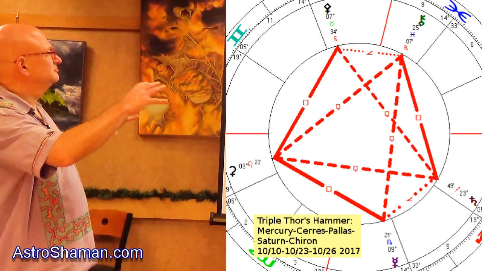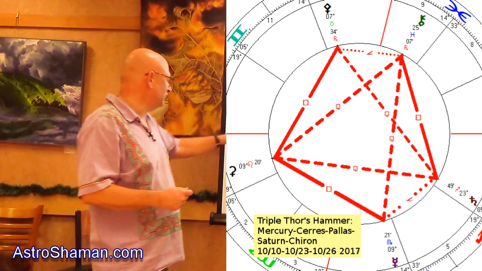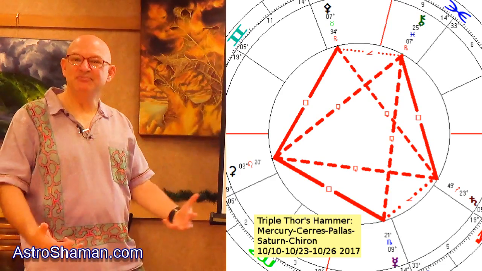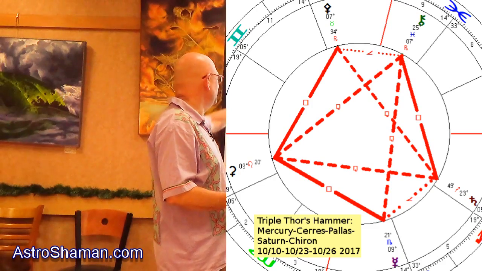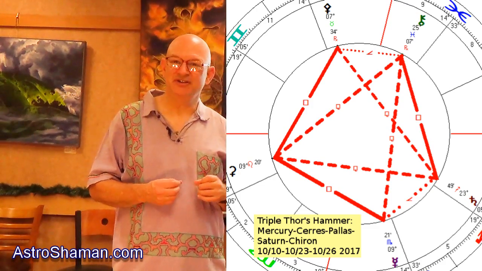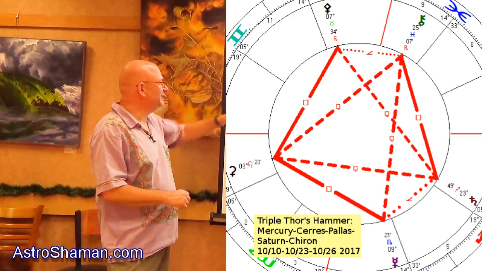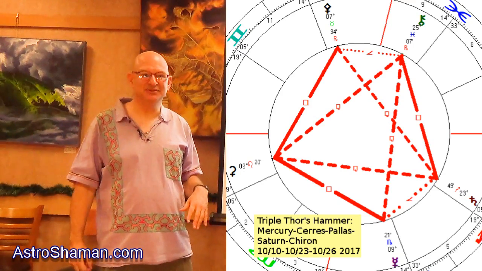So I'm feeling like an interesting way to use this during its flow from October 10 to October 26 would be, can I step up as the mentor, as the authority? Can I communicate what needs communicating in an assertive way, in a way that brings value and abundance somehow to myself and others? There, I got all the planets in. And of course, all aspect patterns have pretty much an infinite number of possible interpretations.